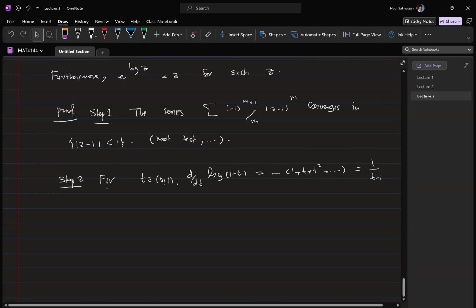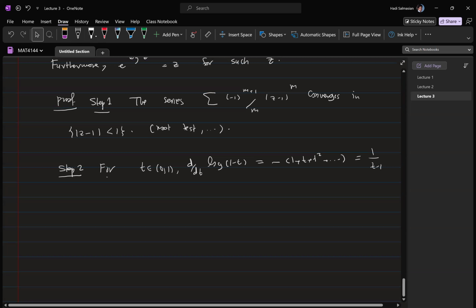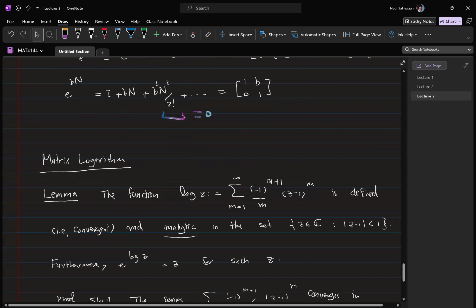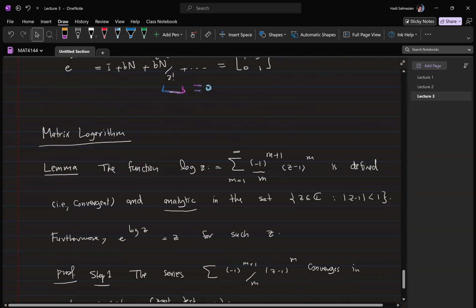Okay. But now if two functions have the same derivative, are they the same? Almost. Modulo constant. And we can check the constant. We can also check that log of 1 defined above is 0 by the series, because when you plug in 1 here, you get 0 in all the terms of the series.